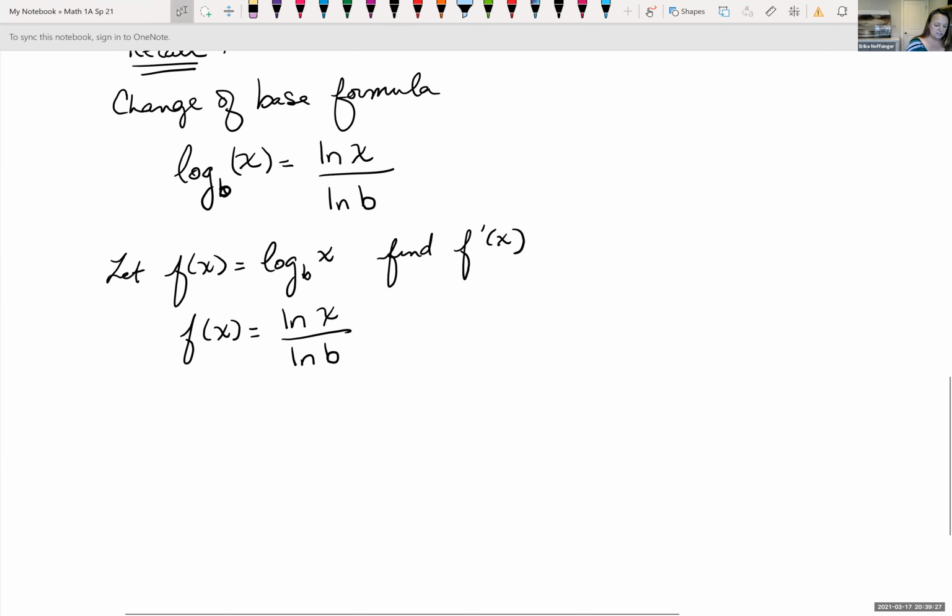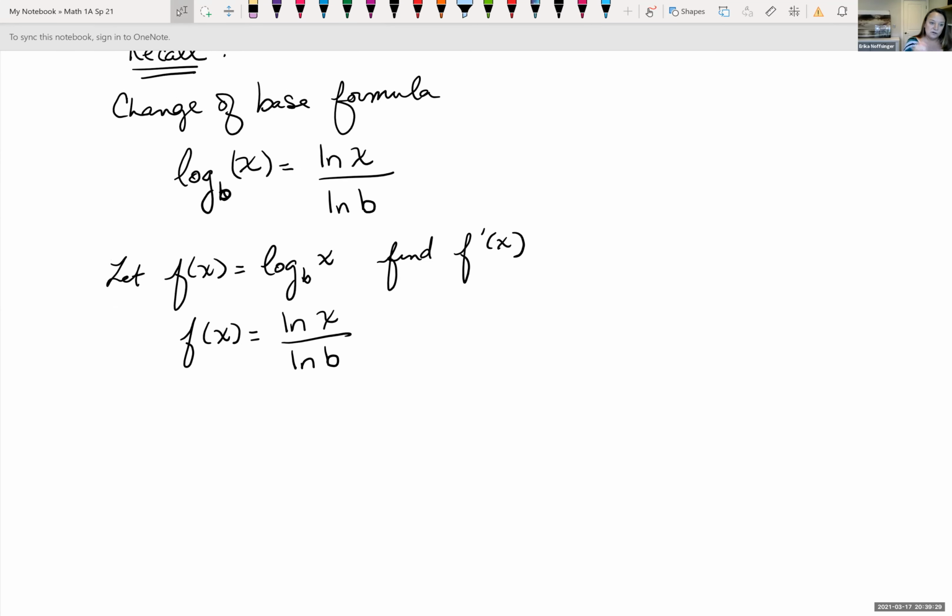Now notice natural log of b, that's just some number. It's what exponent I would raise e to get b. I don't know what b is, but that's just a number. That's a coefficient. It looks ugly, but it's just a number. So we can rewrite this as 1 over the natural log of b times the natural log of x.